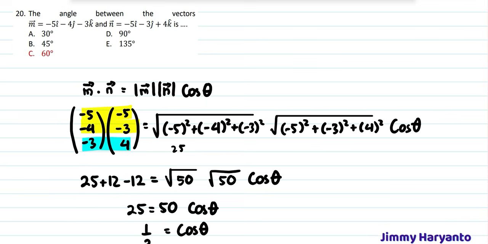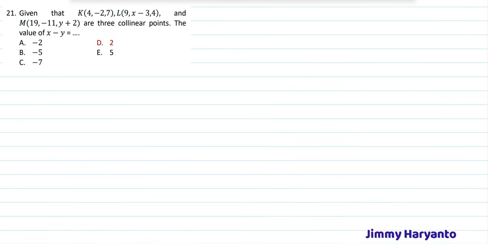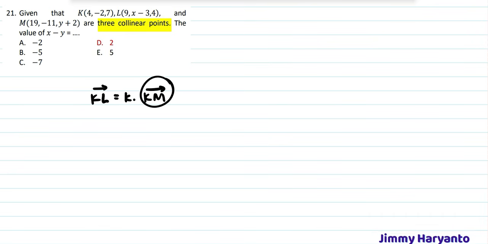C. Next is 21. The question says that the three points are collinear. That means we have to use the formula of collinear, which is KL equals to K times, let's say KM, like this. Yeah, you can use KM or maybe LM, that's okay. So KL first.